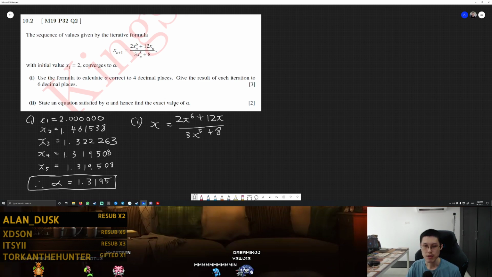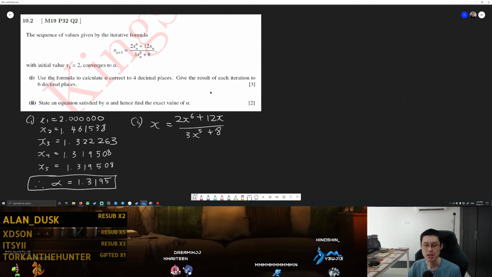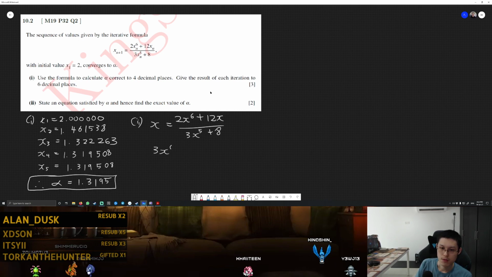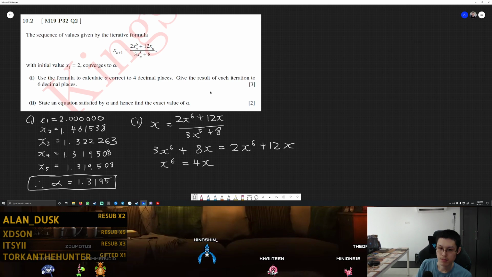And to find the exact value of alpha, you just have to solve it analytically, so solve it normally without using the iterative method. So we're going to bring the denominator up. We're going to get 3x^6 plus 8x equals 2x^6 plus 12x. And then we're going to get this guy here.